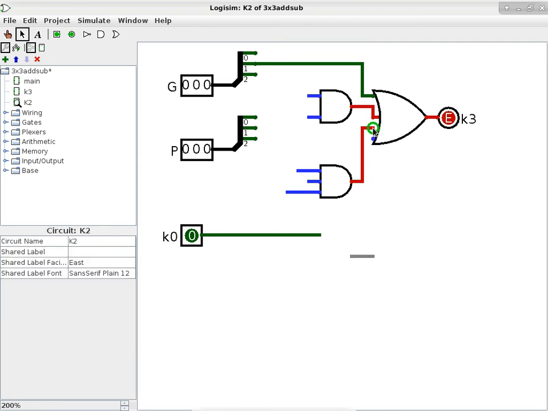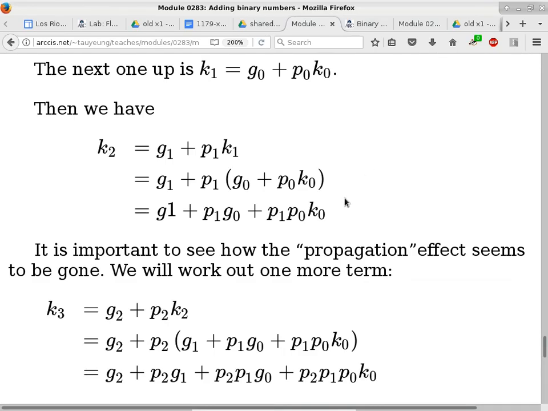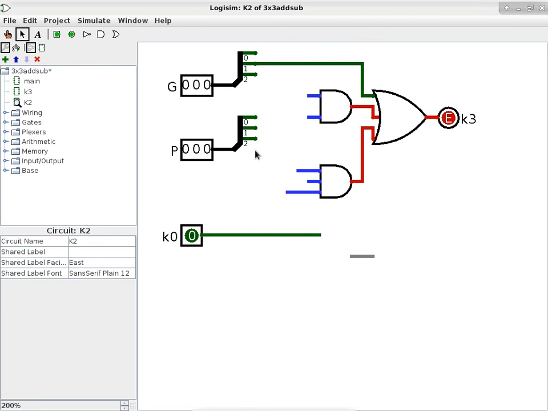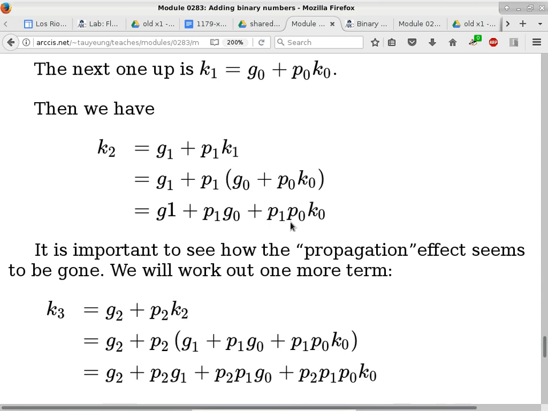This one goes down. I know it looks ugly. Okay, P1G0 is the 2-input AND gate. So P1 and G0. And then the 3-input one has K0, P0, P1.